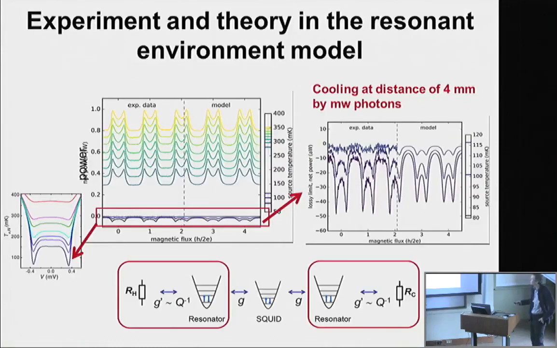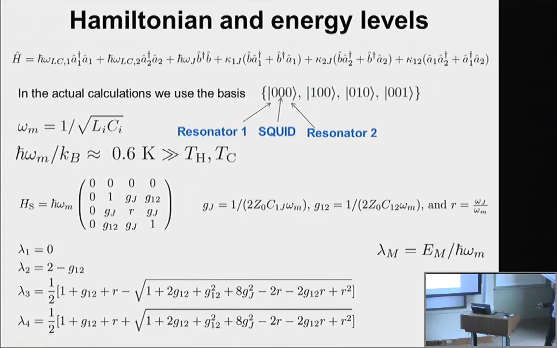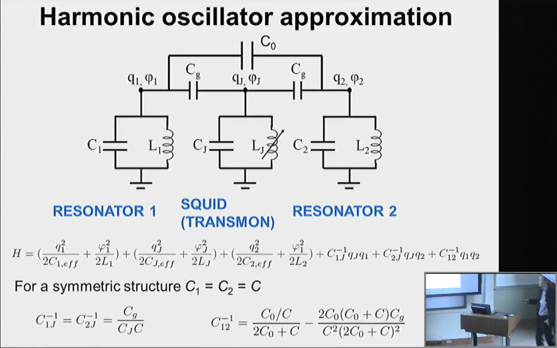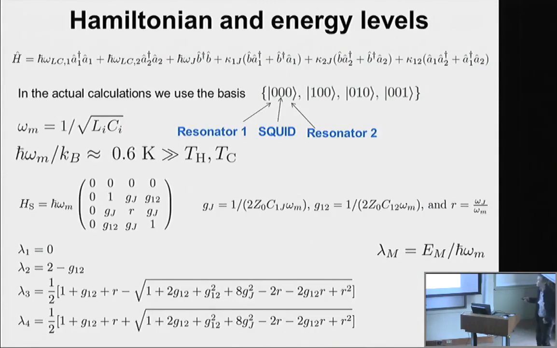Okay, so in this case, how we model this is just three harmonic oscillators. And we assume that you can describe it in the basis of four basis states, where you notate them by the state of the excitation in resonator 1, the SQUID, and resonator 2.